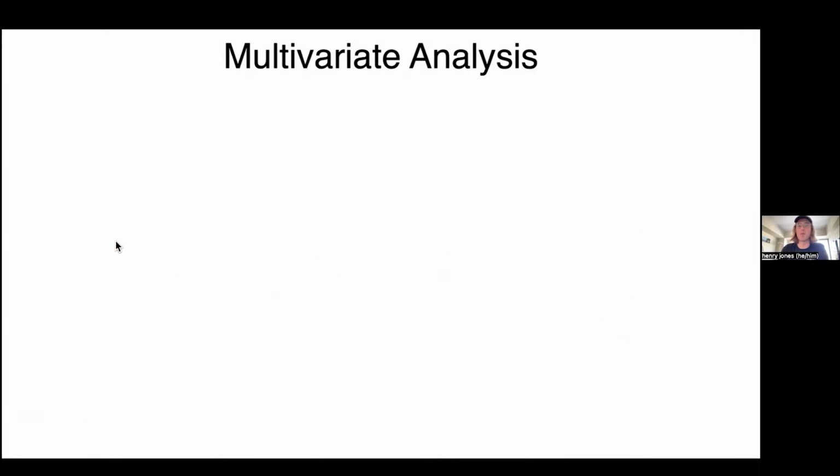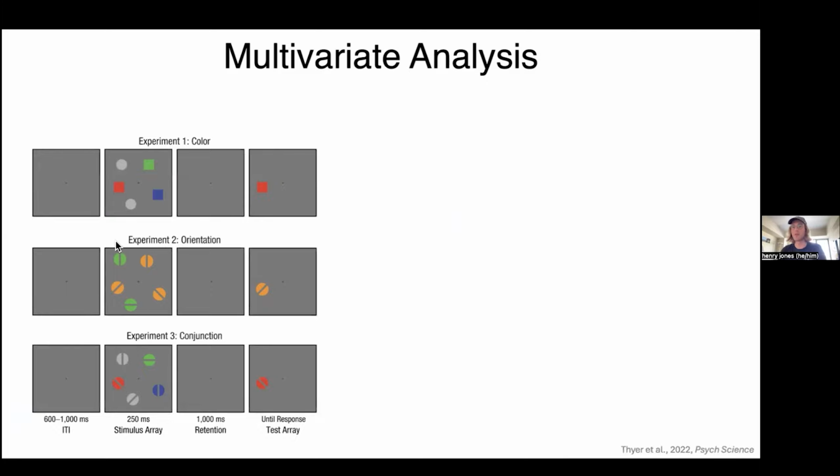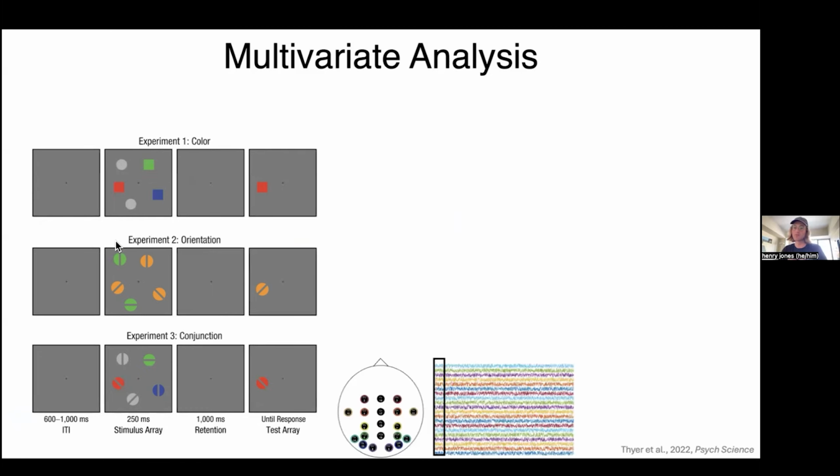So in our lab, Will Thayer was the first to use this explicit test via generalization. He ran what was essentially a replication of that Woodman and Vogel study I talked about, having participants view colors, orientations, or the conjunction of colored orientations. And then he took a decoding approach where, at each time point from our EEG data, he trained a classifier.